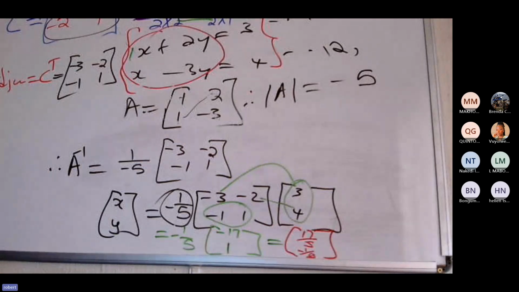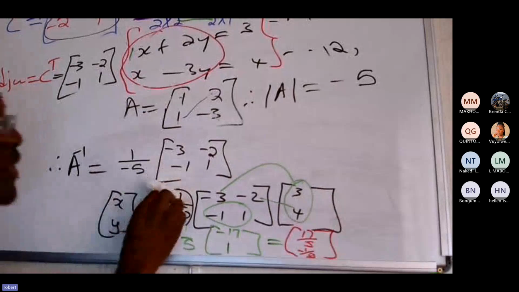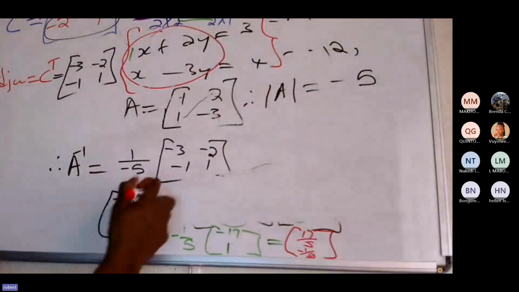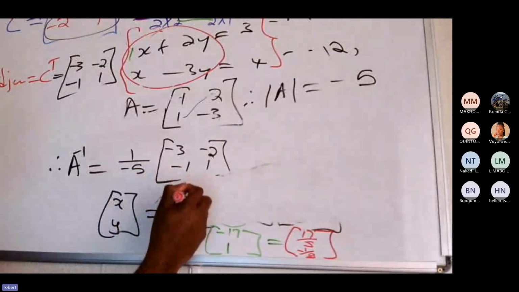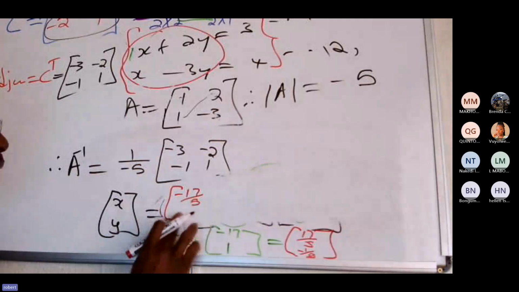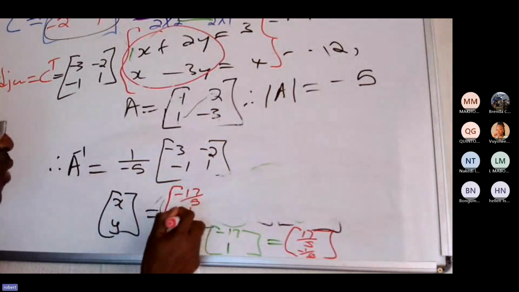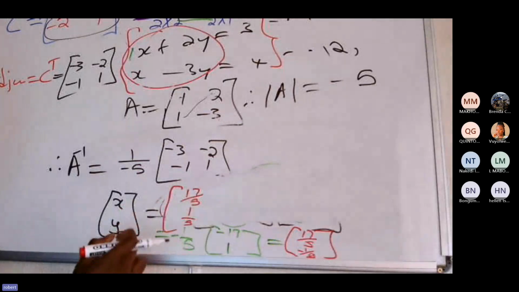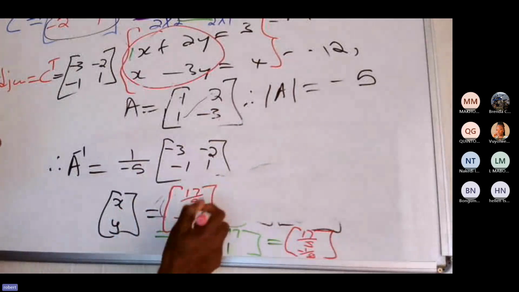So therefore, the final answer here, let us take this out. It is how much here? 17 over 5. And here, is it minus? No, this is 17 over 5. This is minus.